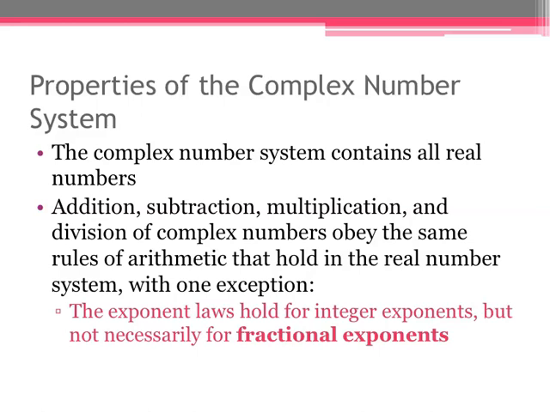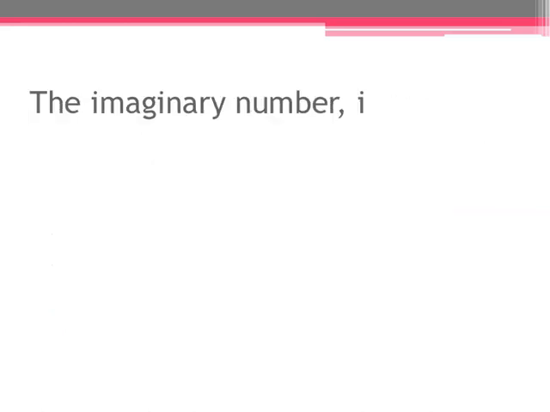But there are some instances where the exponent laws are not going to hold simply because we are working with rational exponents. In those instances, the exponent laws would effectively get rid of some of the very important aspects of imaginary numbers, where the square root of a negative number is equal to i. So let's talk about the imaginary number.